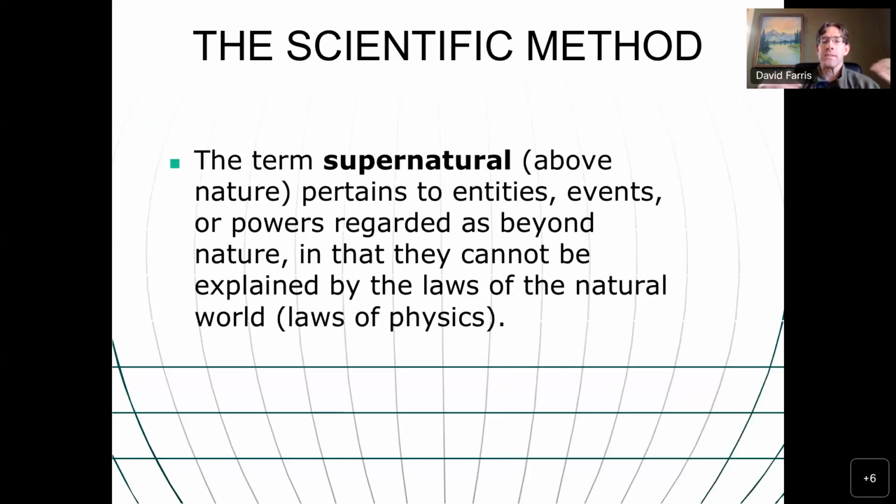Something that would be separate from this would be supernatural entities. Science can't really say anything about supernatural entities because they don't follow the laws of physics. So that's something separate from science itself.